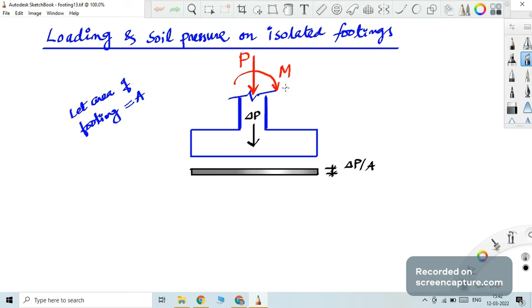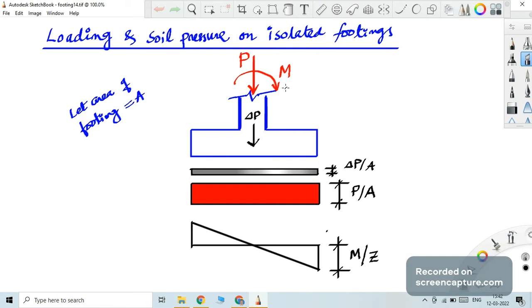That diagram I have represented there, delta P by A, uniform pressure. Next one, due to the capital P, that is also a direct vertical loading, so it is also uniform P by A. That is a uniform pressure throughout the width and breadth of the footing. In addition to that, you have that M. So the pressure due to M is M by Z, that you know, where we have studied the bending theory also.